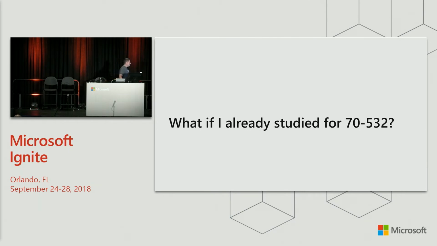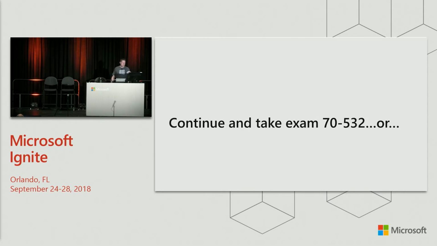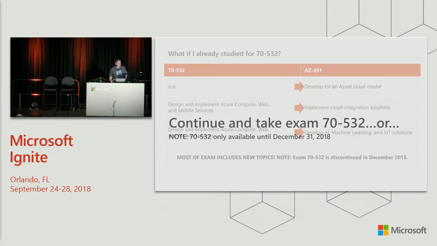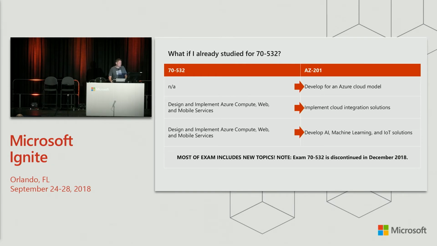A common question I get is, what if I already studied for 7532? If I'm in the process, I've already started to study, I haven't taken it, but I'm already down that road. You could continue and take 7532, but note that 532 is only available through December of this year. So at the end of the year, 532 is essentially discontinued.